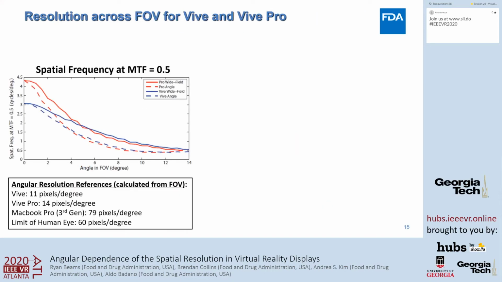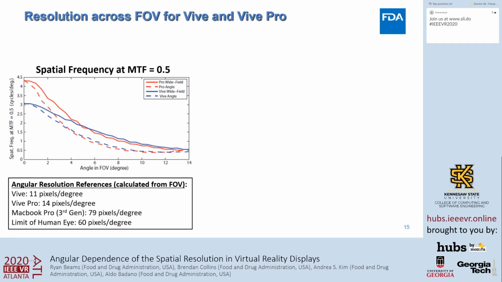As I mentioned on the previous slide, you can also take all this data and compress it down by looking at the 50% contrast level. So that's what we've done here. This is the spatial frequency at which the MTF equals 0.5. Along the horizontal is the angle in the field of view. The red lines show the Vive Pro and the blue shows the Vive.